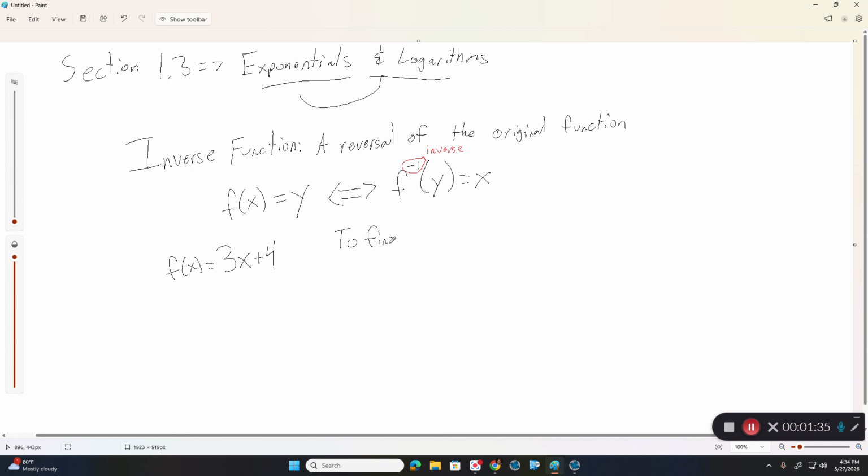To find an inverse, here's what we have to do. Step 1, we rewrite, and by the way, I really should have started with 3x plus 4 equals y. Rewrite the equation with x and y reversed.